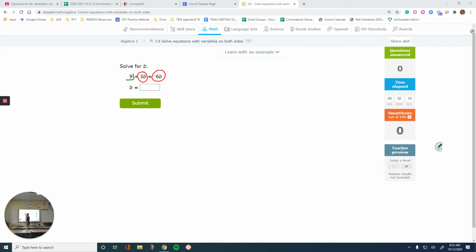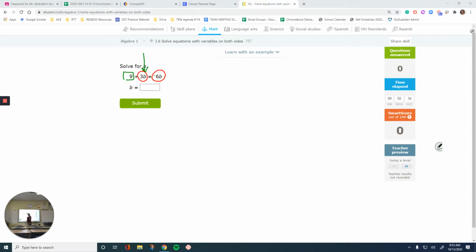Since the number is already on the left, I want to put the variables to the right, okay? Which means I need to get rid of this right here by doing its opposite, okay? Because again, there's already a number on the left. I want to put the variables on the right side. One of the variables is already on the right side. Now I want to get rid of this and then put it over here.